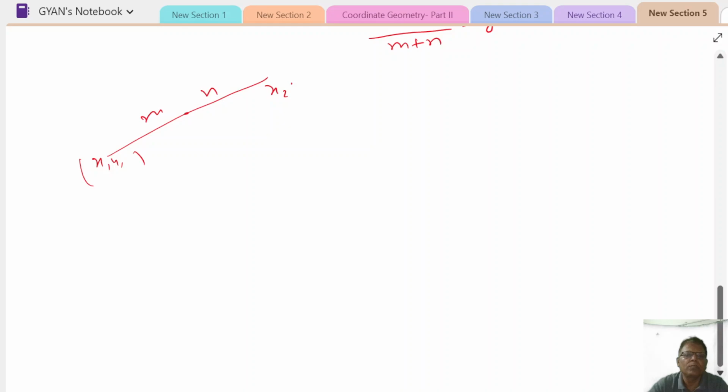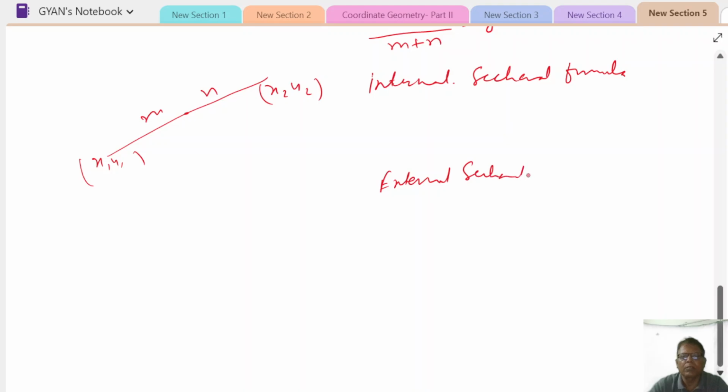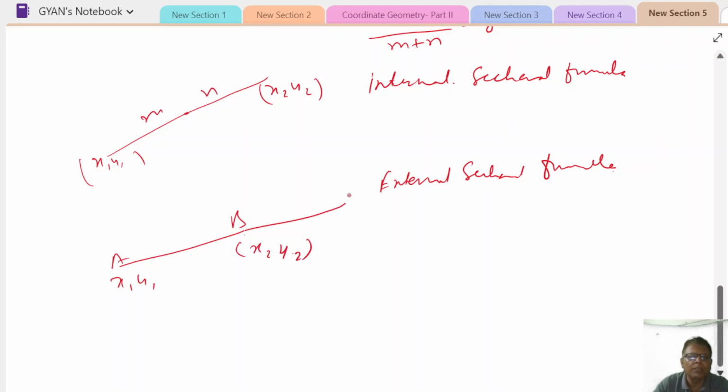So this is called the internal section formula. What is the external section formula? Suppose there are two points, x1 y1 and x2 y2, and another point C is here outside. So this one is m and this one is n.